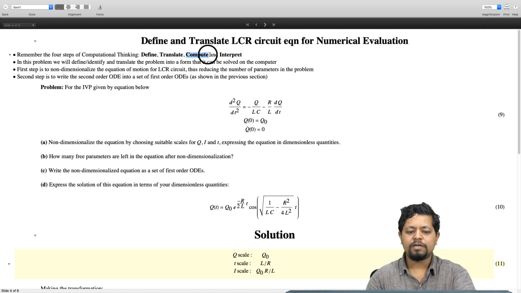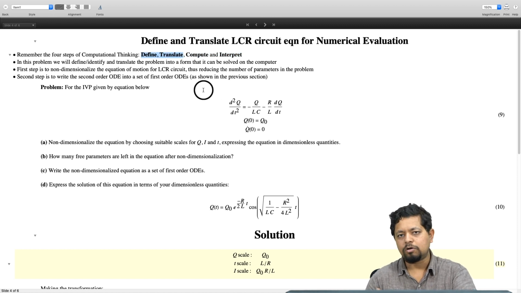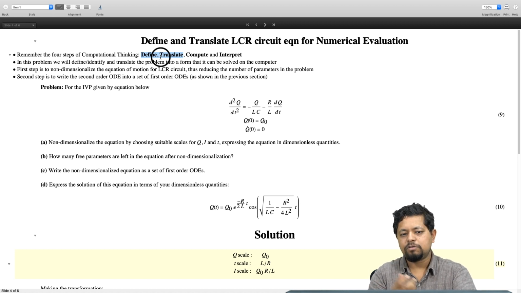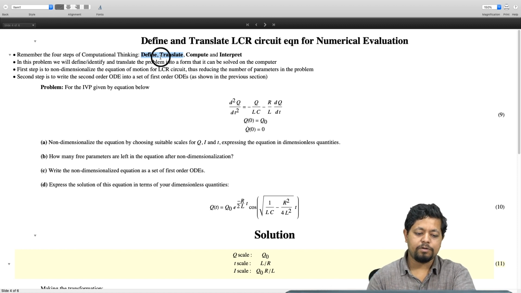Then compute and interpret is something we'll do on the computer using Euler's method, and define and translate we need to do on pen and paper in order to translate our LCR circuit problem onto the computer. That is, we have to make the equations ready for evaluation on the computer, or turn them from physics into a problem of mathematics which we can set up on the computer.